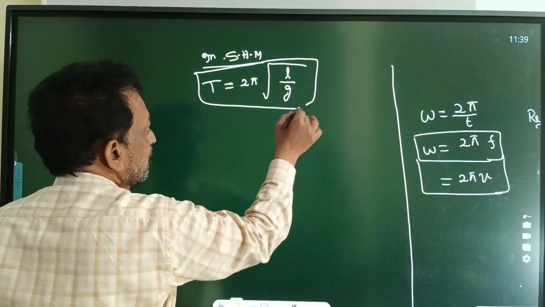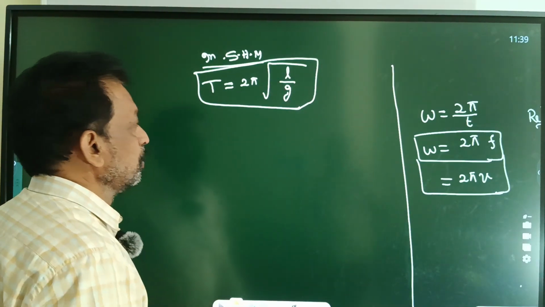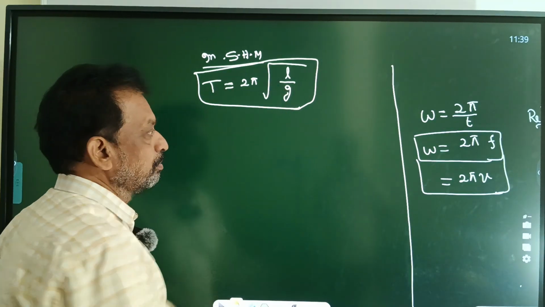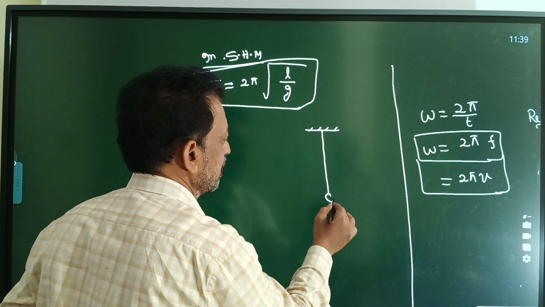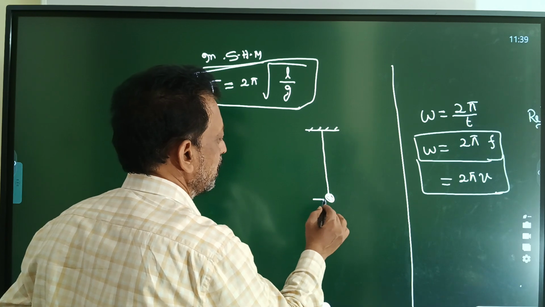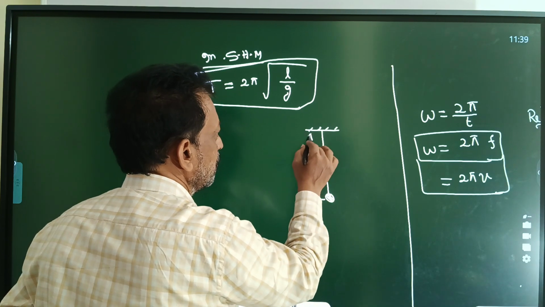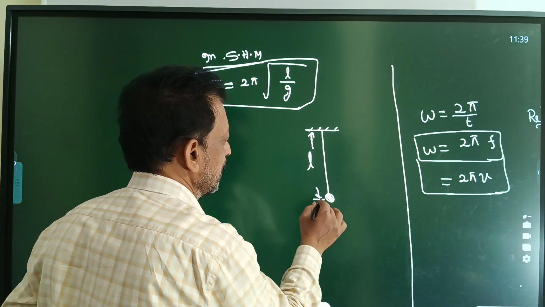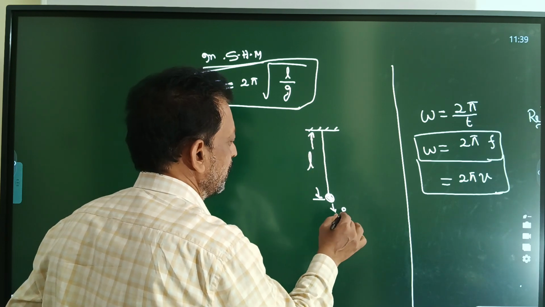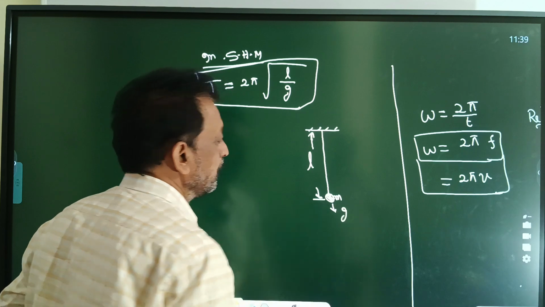Here L is the length of the pendulum. This is the bob, and this is the length of the pendulum. g is the acceleration due to gravity, and mass is also there.